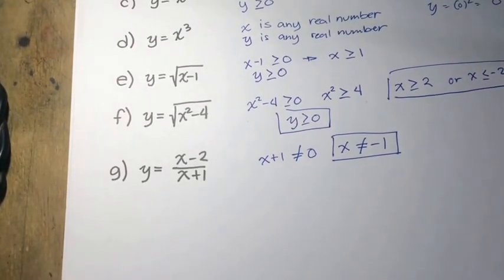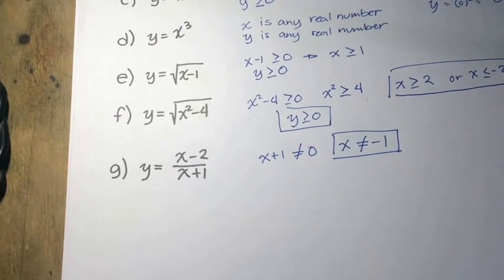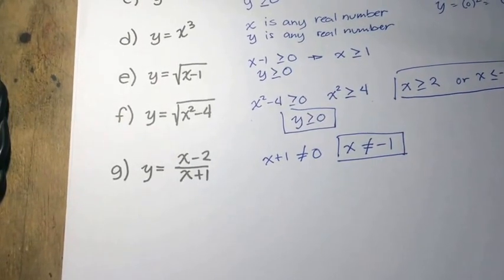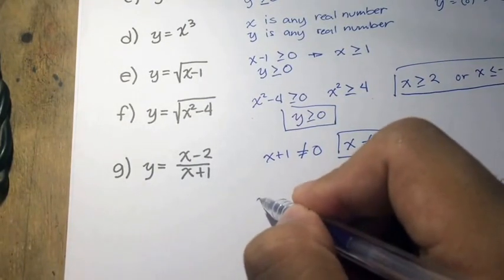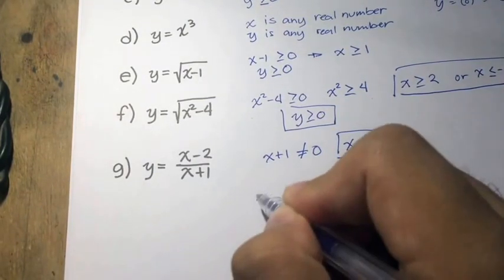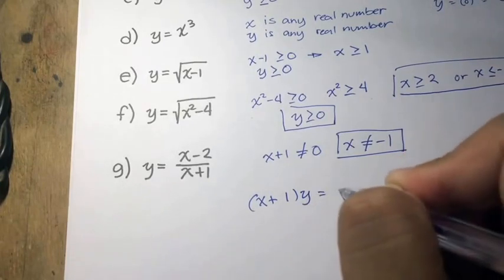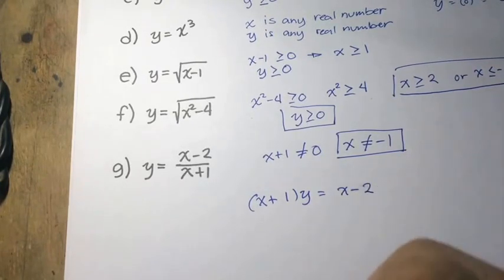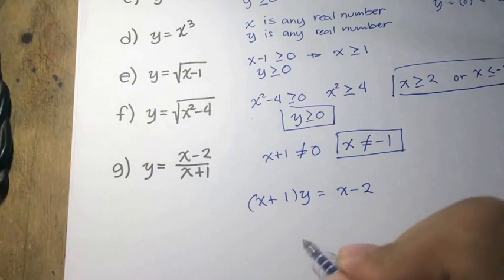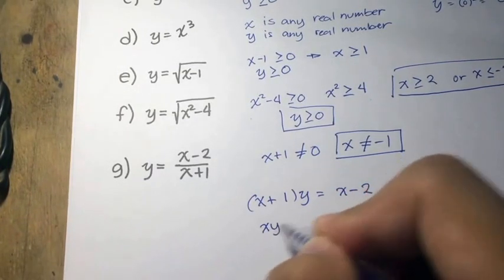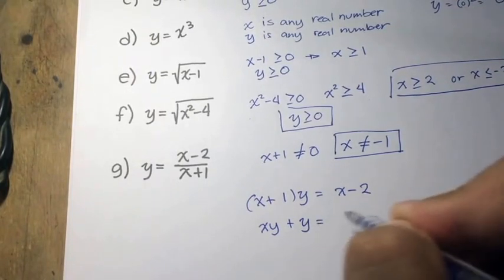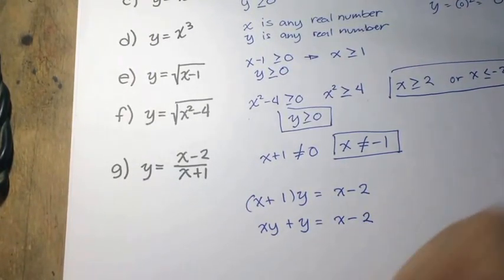So we find an equation that is in terms of y. We solve this for x. So this becomes x plus 1 times y is equal to x minus 2. So, okay. Now let us solve it for x. Xy plus y is equal to x minus 2.